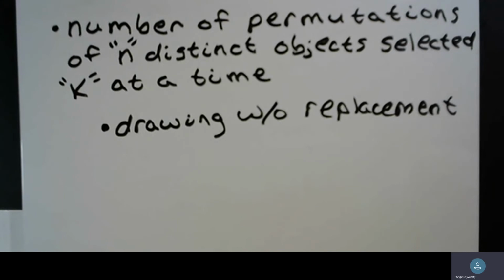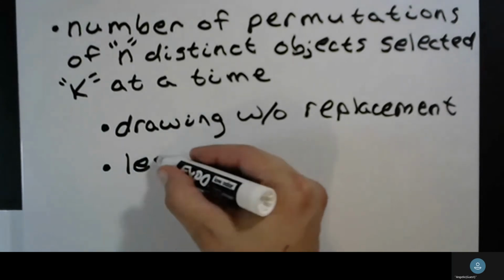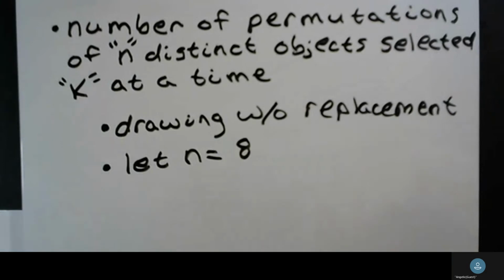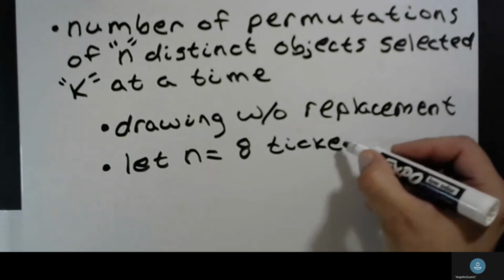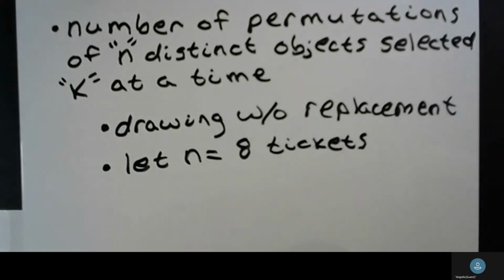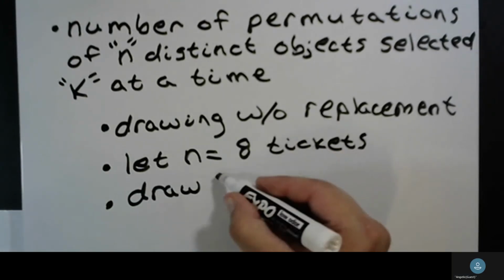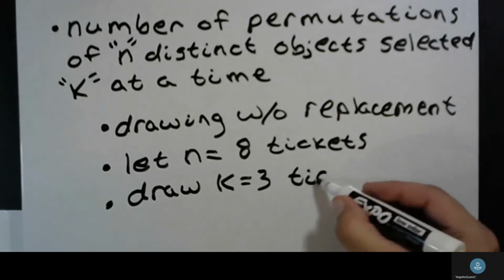So what we're going to do, I'm going to use an example. Make this a little more concrete. Let n equal 8, let's say, tickets. And each ticket has a unique identifier, like numbers 1 through 8. So we're going to draw k equals 3 tickets.